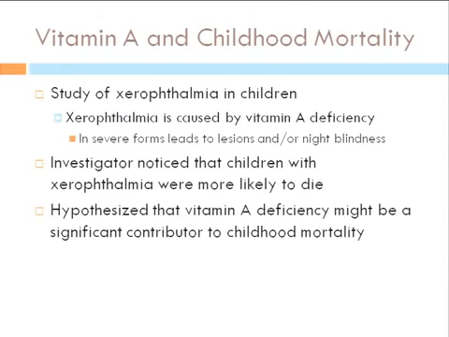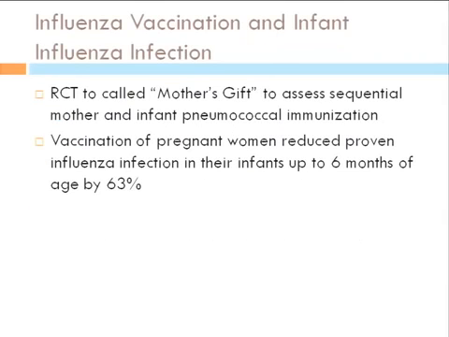So, influenza vaccination and infant influenza infection. There was an RCT, a randomized control trial. You guys all familiar with what a randomized control trial is? Raise your hand if you do not know. Okay, so a randomized control trial, very briefly, which we will talk about in the class, is you take a group of people and you randomize them to an exposure.